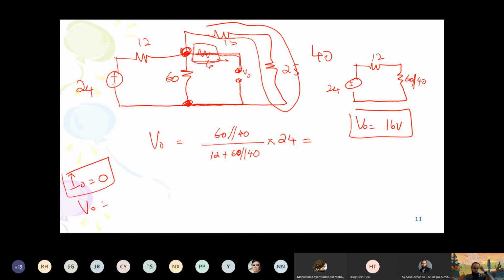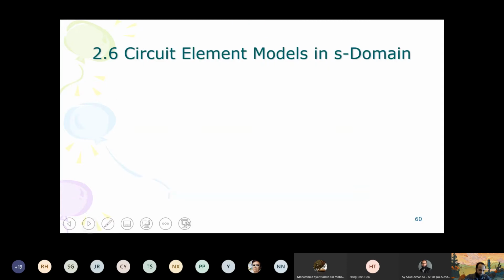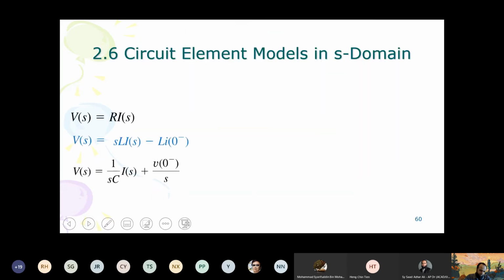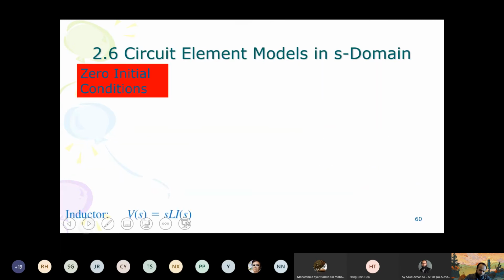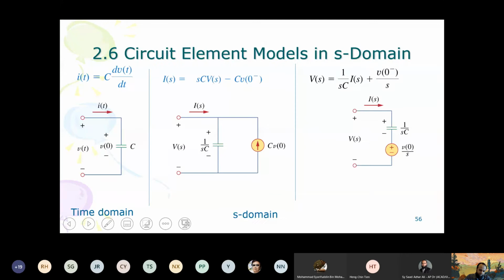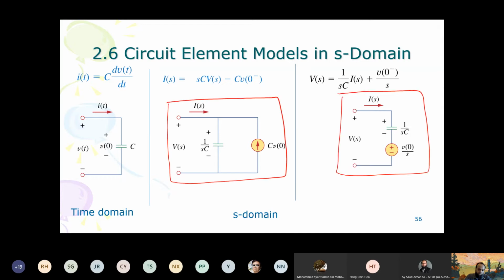using the circuit elements. Which ones? These. So for the capacitor, we have the voltage, we can either use this one or we can use this one.